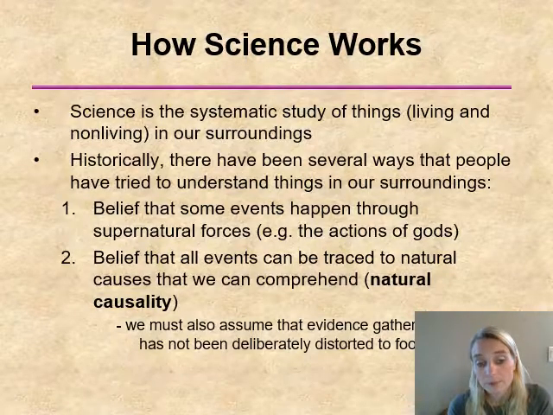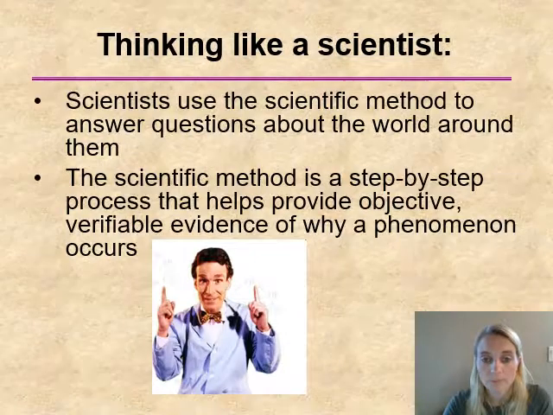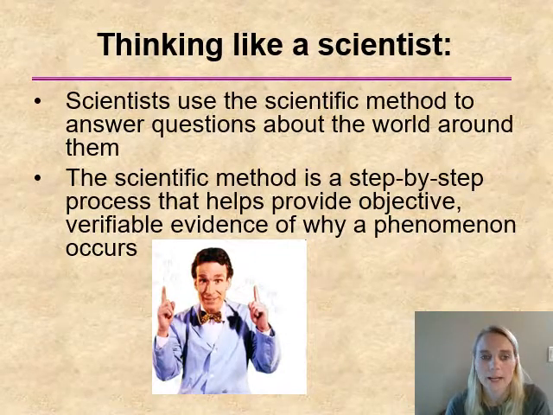Or the belief that all events can be traced to natural causes that we can comprehend. Sometimes there's natural things that we can't comprehend. We don't have enough information to make that conclusion yet. Okay. There's our friend Bill Nye here.